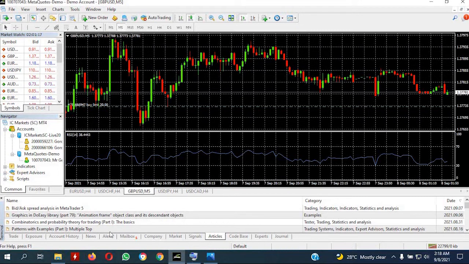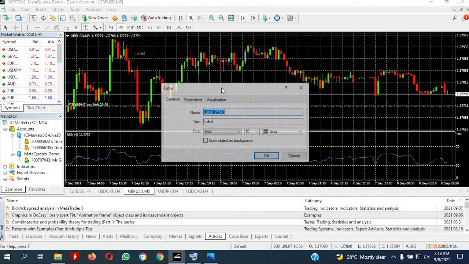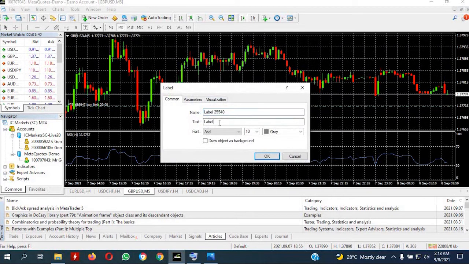This demo account has a balance of 100,000. First thing you'll do is put it in a text format right here. So the demo account has a balance of 100,000.